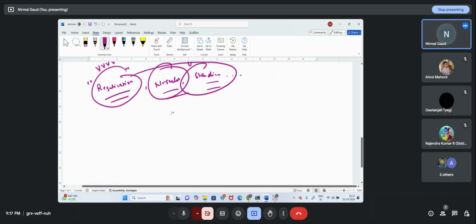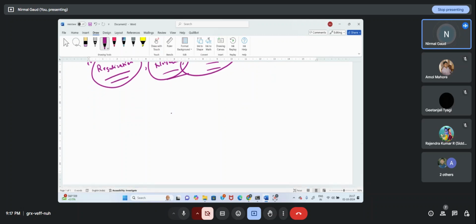I want to just show you an example. Let us suppose this is the axis, and these are the 2 points A, B. This is O, the origin.